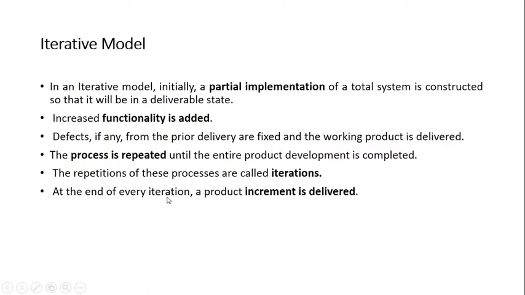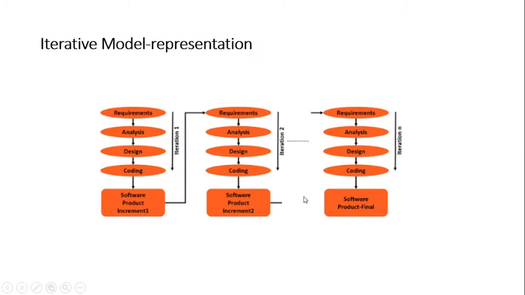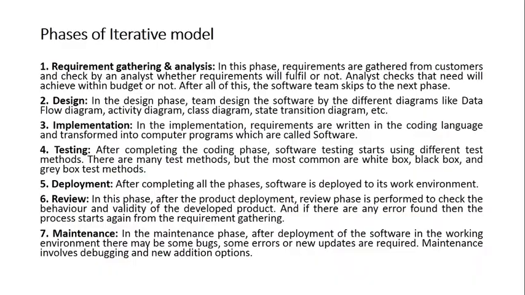At the end of every iteration, a product increment is delivered. So after each iteration, there is a product increment on the previous one. Increment 2 is like having an additional functionality over the previous one, right? So this is how the software is developed using the iterative model.